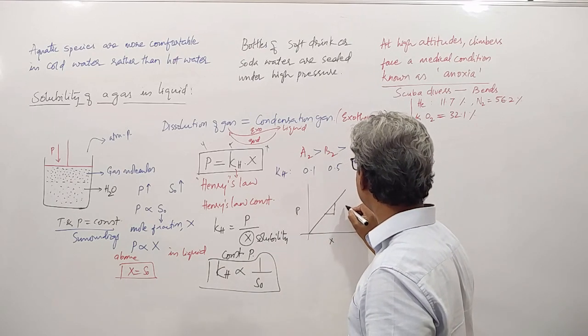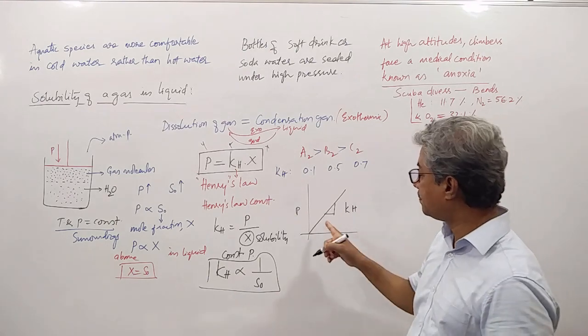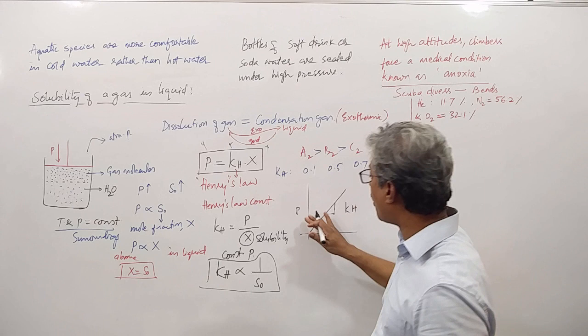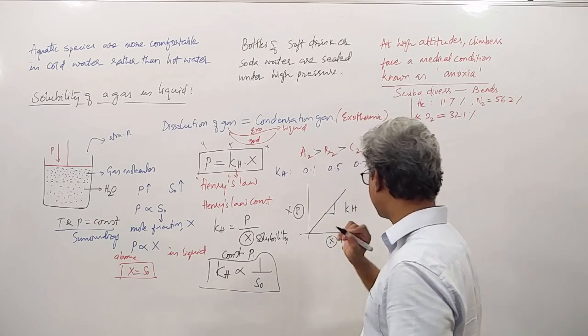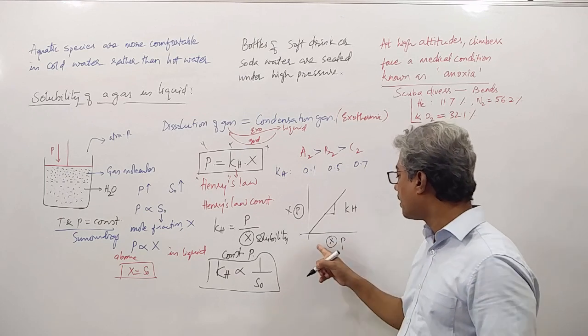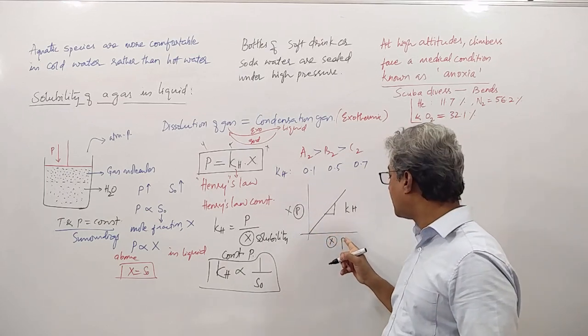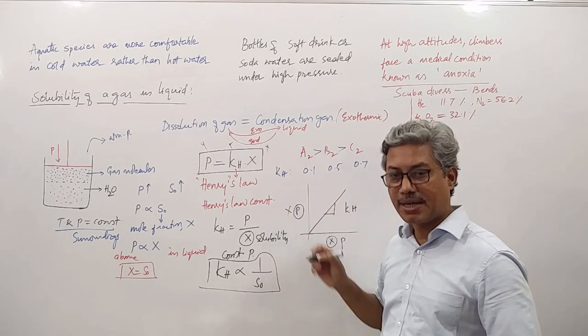This will be the kH value at a particular temperature and pressure condition. It means that if you increase pressure, mole fraction is also increasing. It means that an increase of pressure increases the solubility.